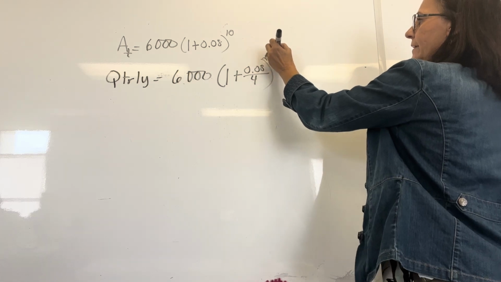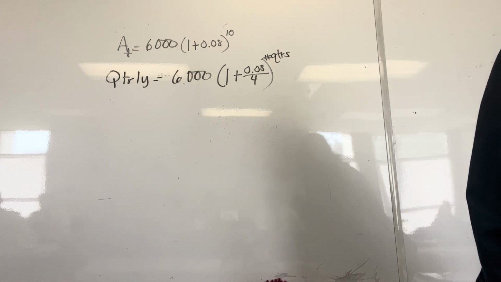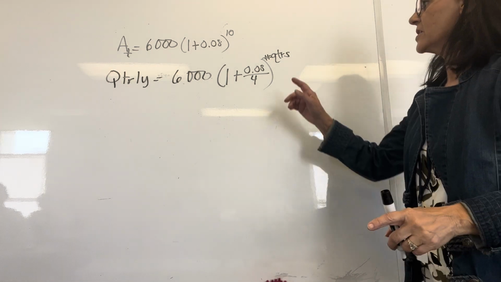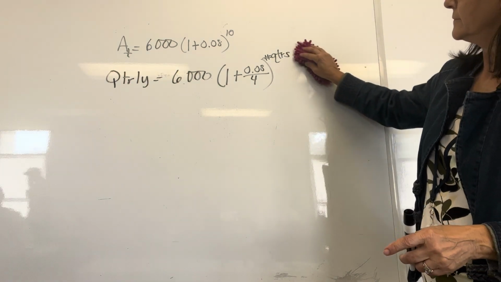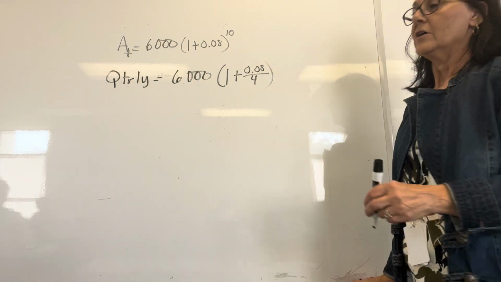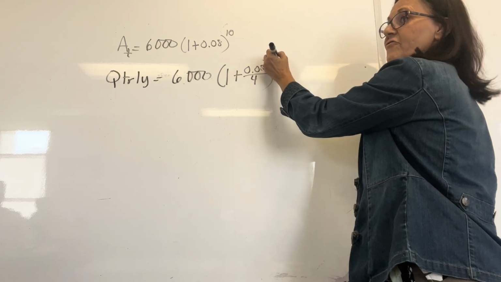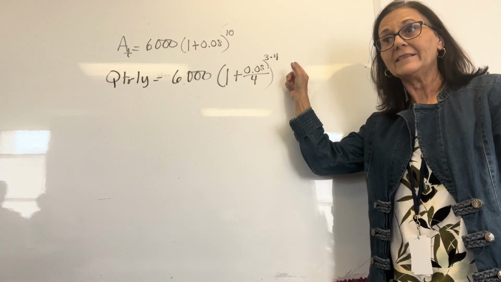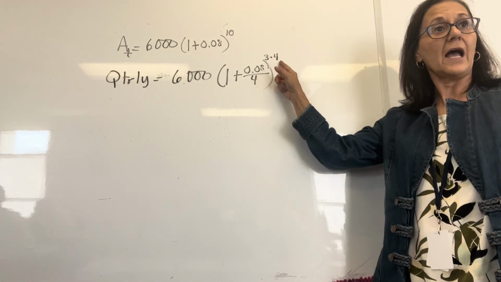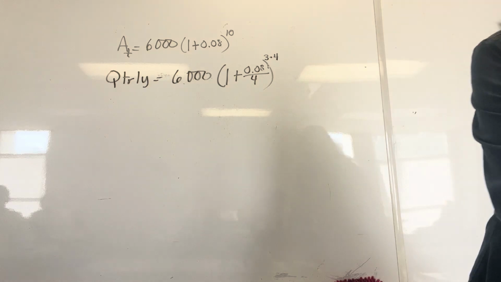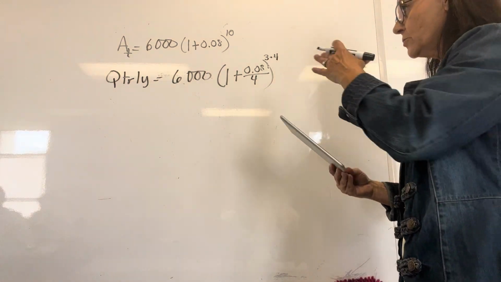It's 3 years, so what would this be? It would be 3 years times 4 quarters in a year, right? That's a sort of easy way to remember it: 3 years times however many quarters are in a year. So it would be 12, yes.